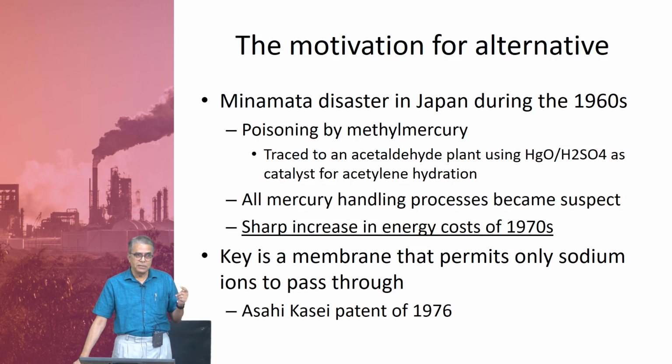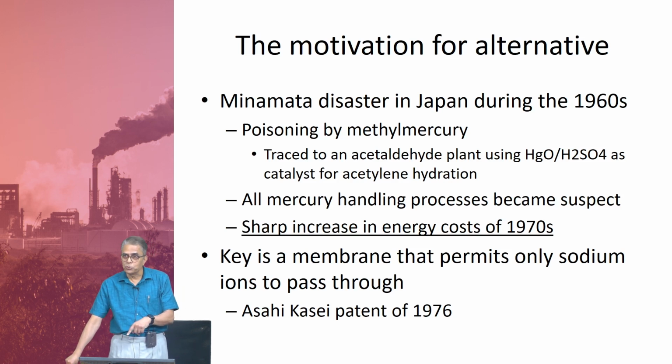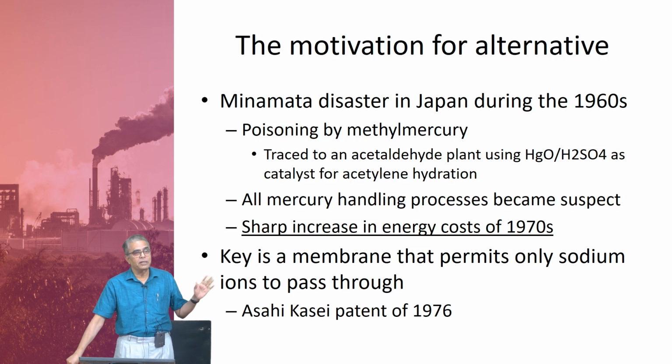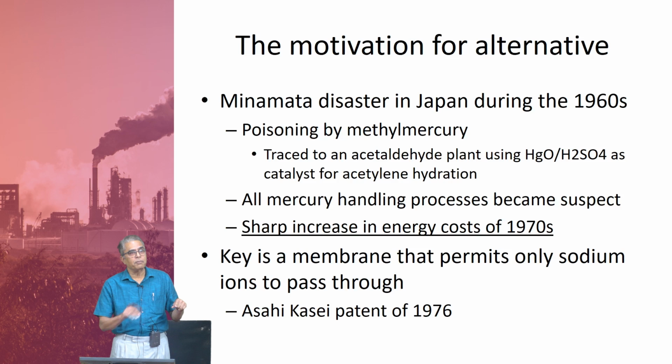Now, as it turned out, the root cause of that mercury was a plant which was making acetaldehyde, not caustic soda, and that acetaldehyde process required mercury Hg2+ ions as a catalyst, because sometimes you add a liquid homogeneous catalyst.